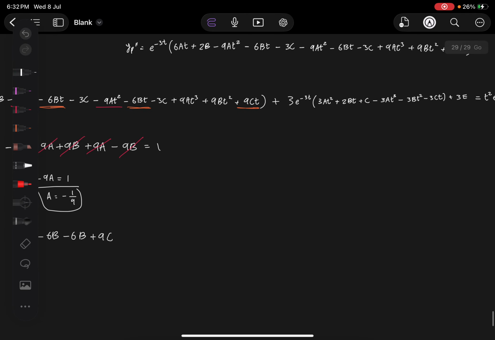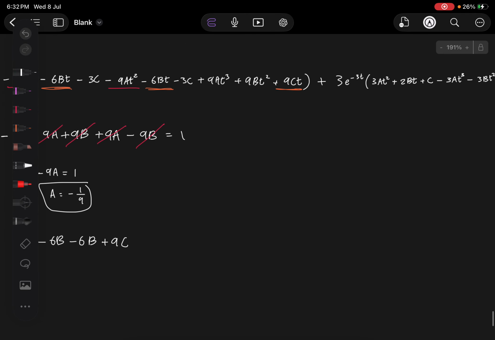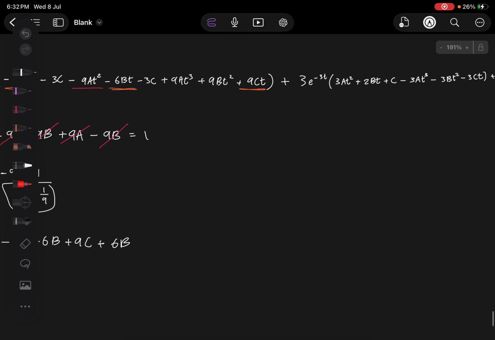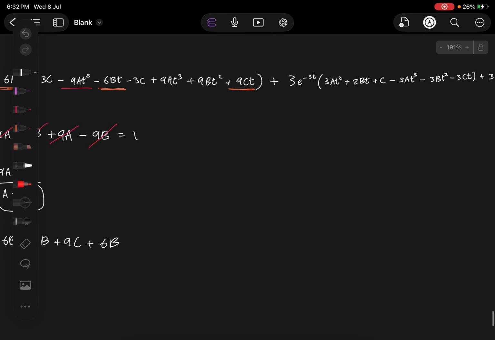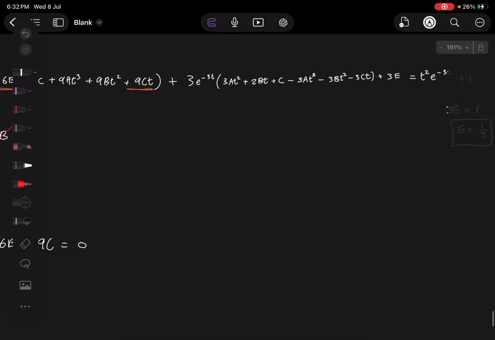And then we have, I'll do this quickly, plus 3 times this is 6b and minus 9c equals 0 because we don't have any t's.